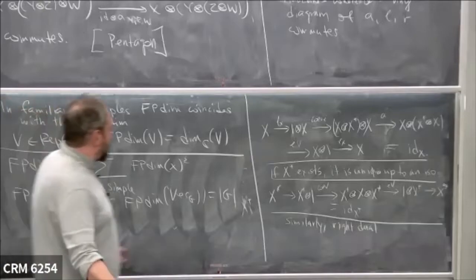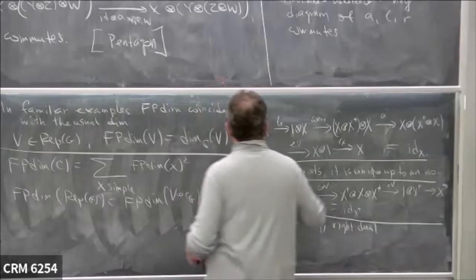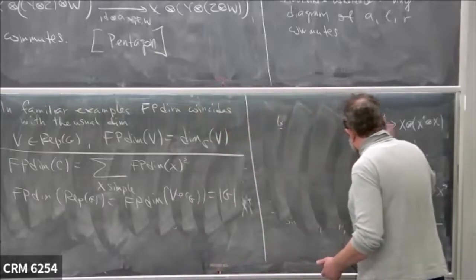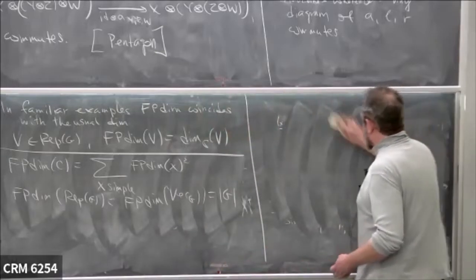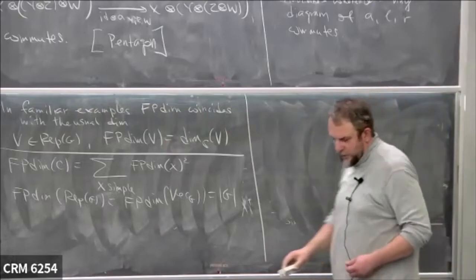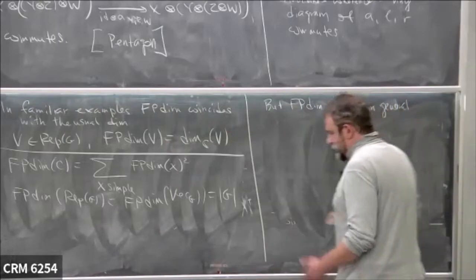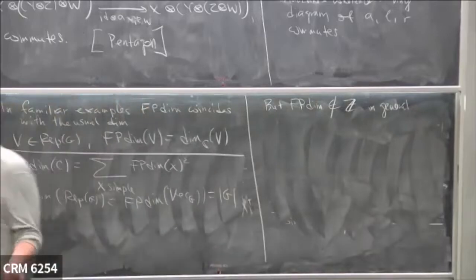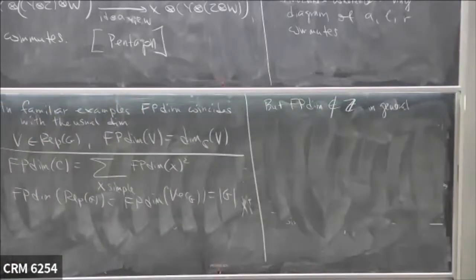But the important new feature is that in general, such a dimension doesn't have to be an integer, which means that there exist categories that are truly different from the classical categories.